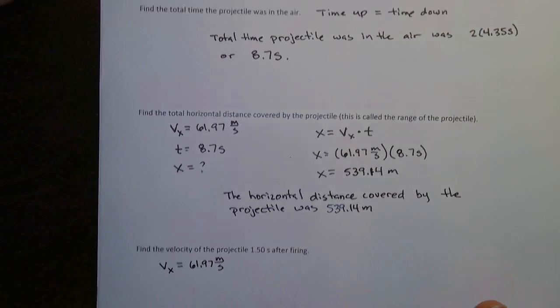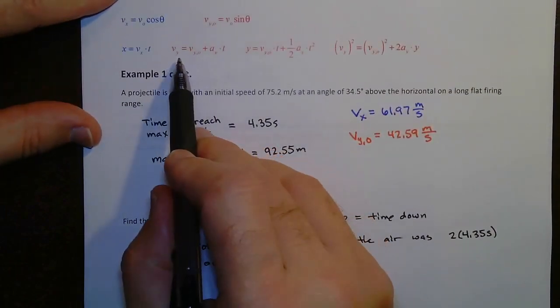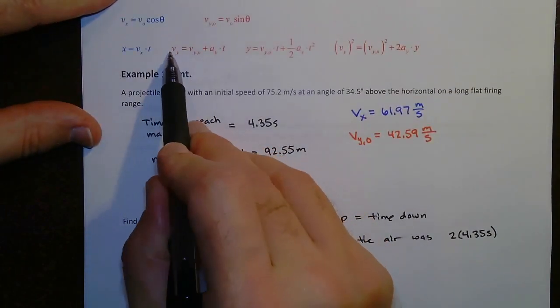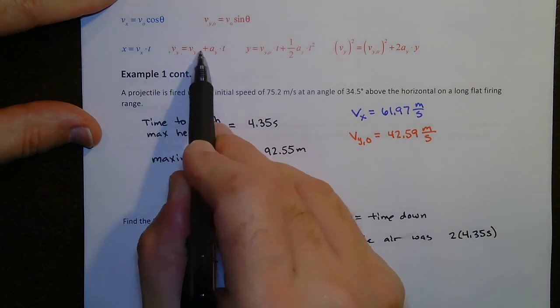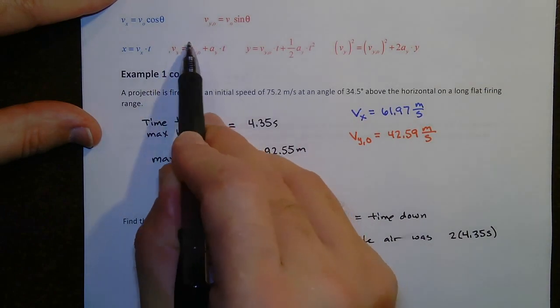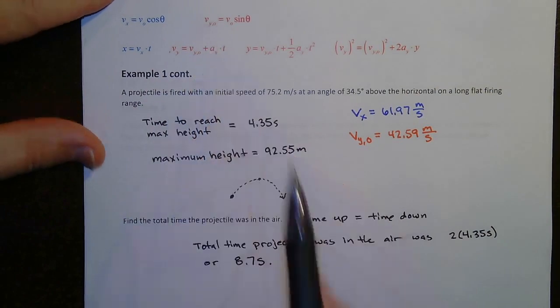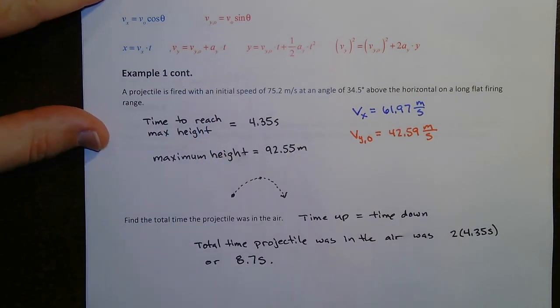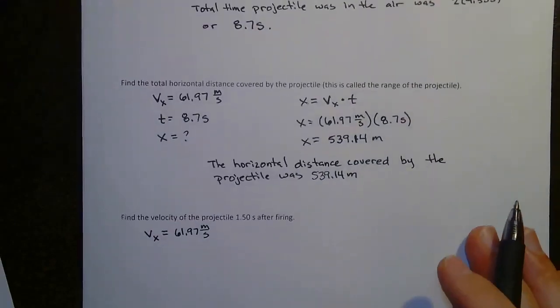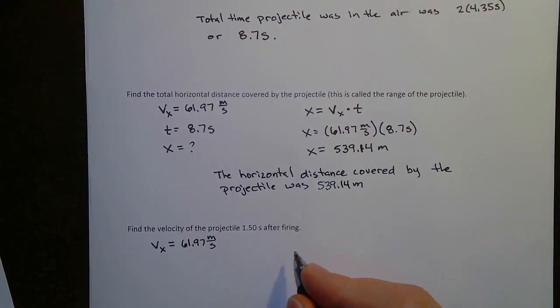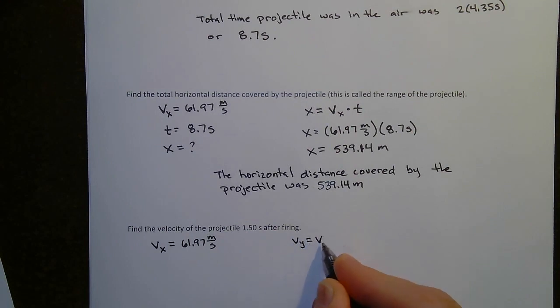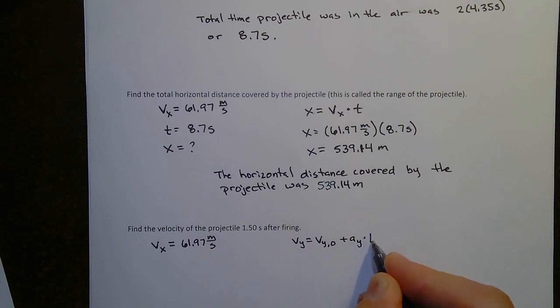So I'm going to need to use this equation right here, because this will give me the vertical velocity if I know the initial vertical velocity plus the acceleration times time. And I know my time is 1.50 seconds. So I'm going to use v sub y is equal to v sub y0 plus a sub y times t.